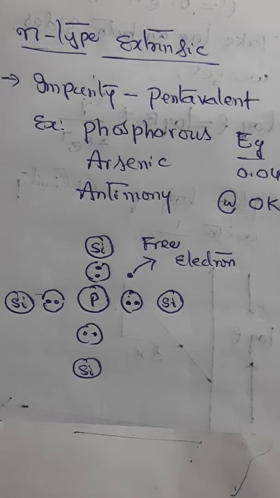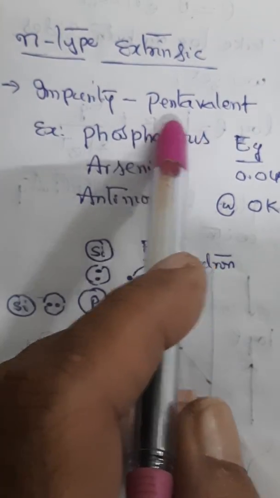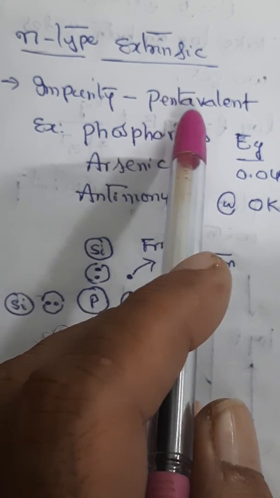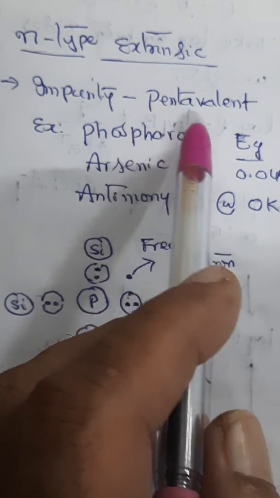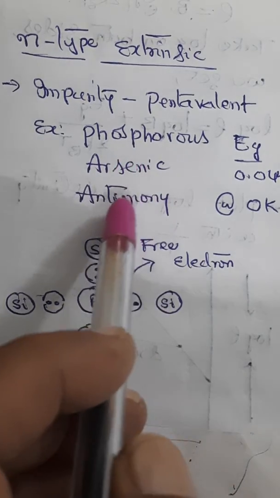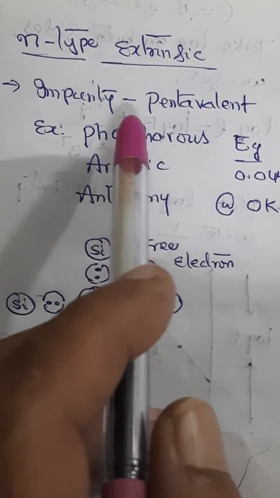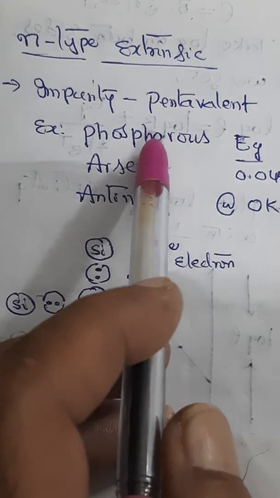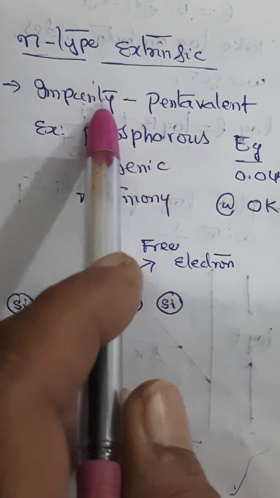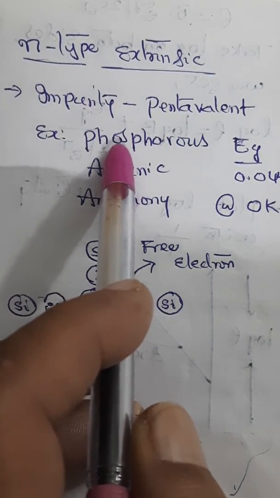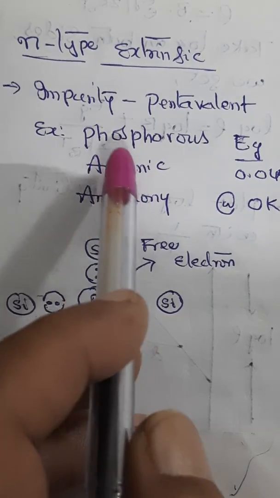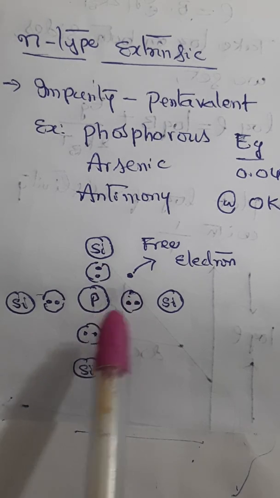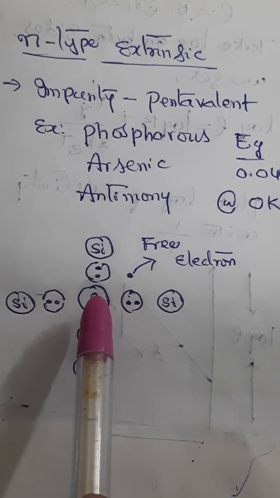When a small amount of pentavalent impurity, that is valency 5, like phosphorus or arsenic or antimony, is added to the intrinsic semiconductor, here in this case we take silicon, then the impurity atoms occupy one of the positions of a silicon atom.